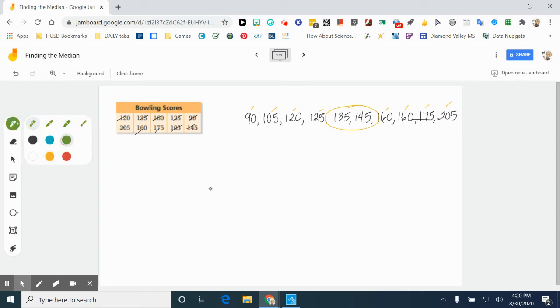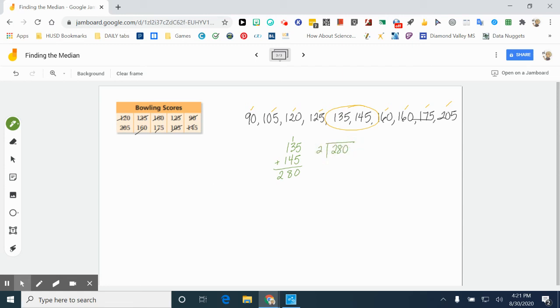I'm going to, actually I'll do it in a different color. 135 plus 145. Remember, I'm going to add those two numbers together. It's 10, 4 plus 4 is 8, and then 2. Okay, now I'm going to take 280 and I'm going to divide by 2.